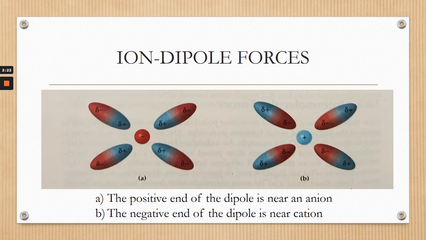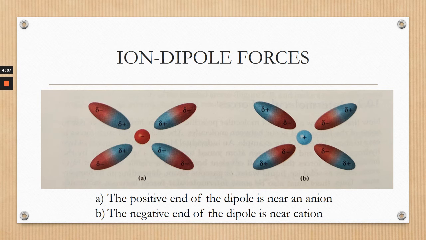For sodium chloride, polar water molecules will surround the ions. Ion-dipole forces are stronger than dipole interactions because the charge of any ion is much greater than the charge of a dipole, where the strength of the ion-dipole force is proportionate to the ion charge. That's why ion-dipole forces are stronger than dipole interactions.